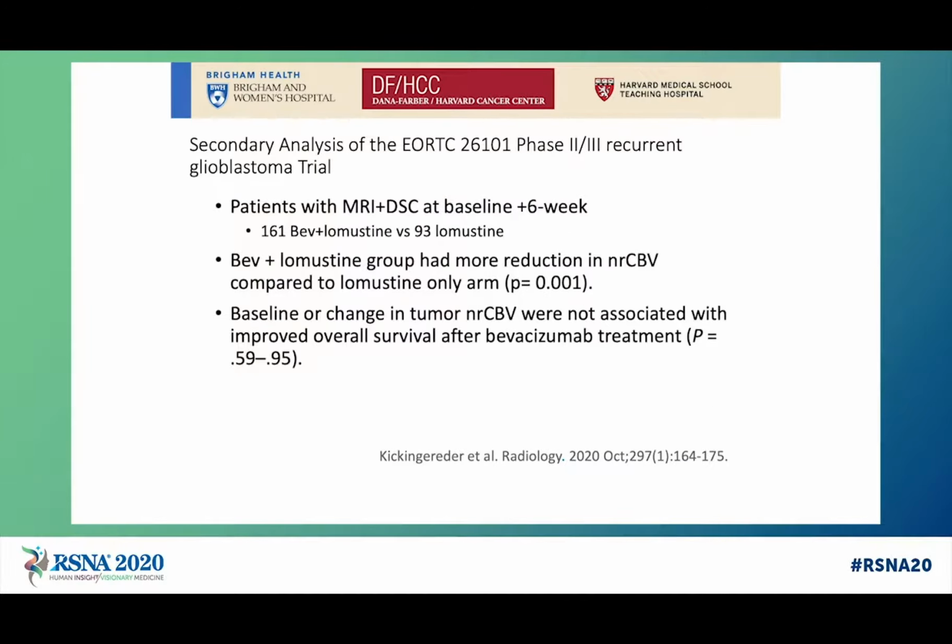Perfusion imaging was also evaluated in a phase 2/3 recurrent glioblastoma trial. There was also a greater reduction in normalized cerebral blood volume in the bevacizumab arm compared to the chemotherapy-only arm. Despite this larger sample size of more than 250 patients, changes in cerebral blood volume was not associated with improved overall survival in the bevacizumab-treated arm.